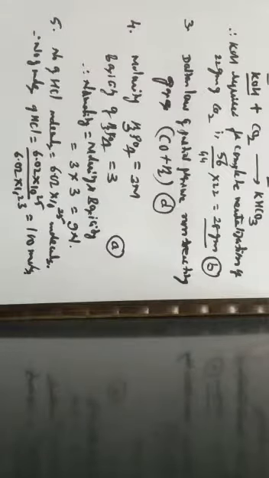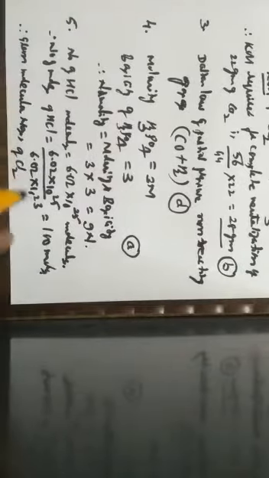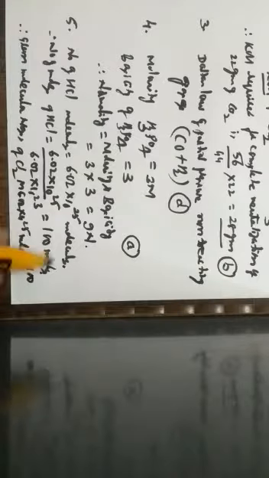Therefore, what are they asking? They are asking the gram molecular mass of chlorine in 6.02 into 10 to the power of 25 molecules of HCl. The gram molecular mass of chlorine is equal to 100, because we have calculated it as 100 moles, divided by 2, because they are asking with reference to chlorine, the gram molecular mass of chlorine.